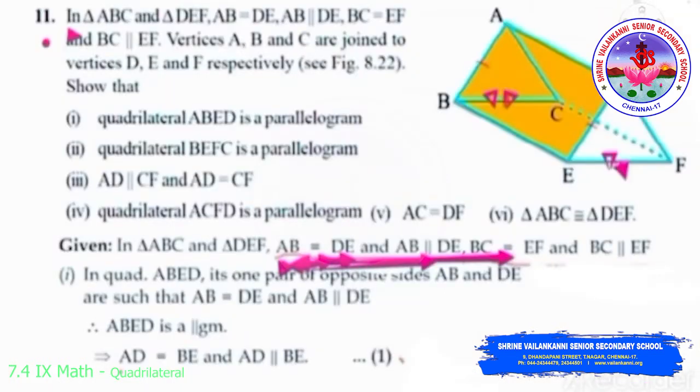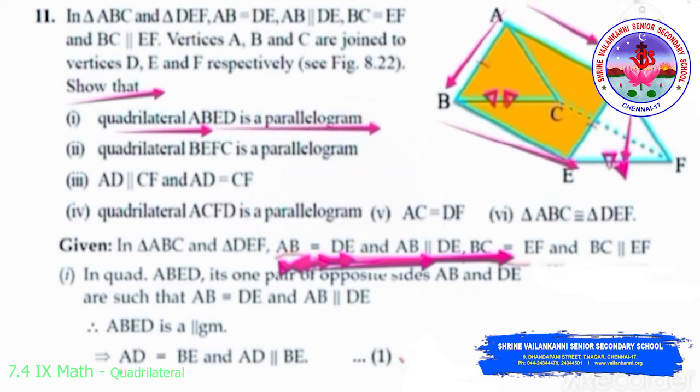11th problem. In triangle ABC and triangle DEF, AB is equal to DE, AB is parallel to DE, BC is equal to EF, and BC is parallel to EF. Vertices A, B, C are joined to the vertices D, E, F respectively. Show that quadrilateral ABED is a parallelogram.